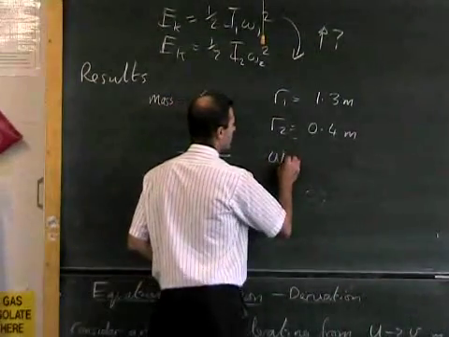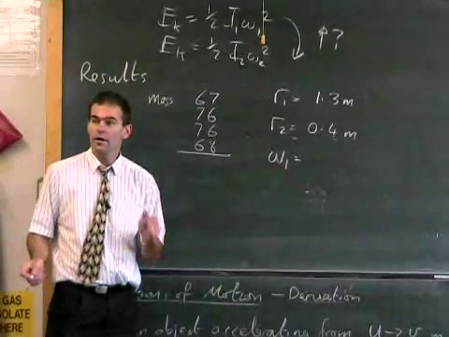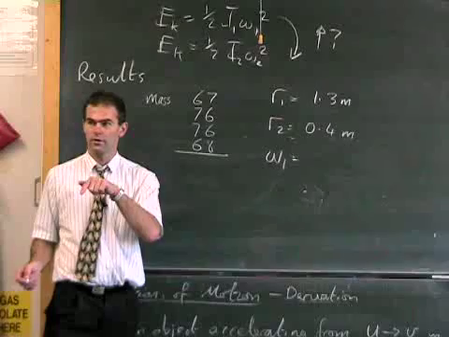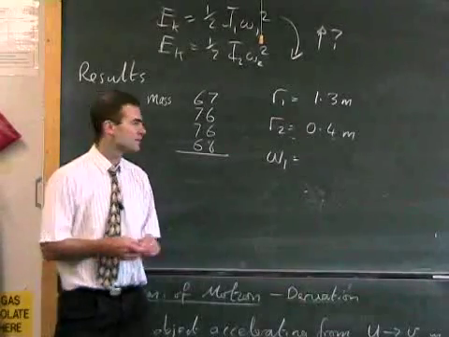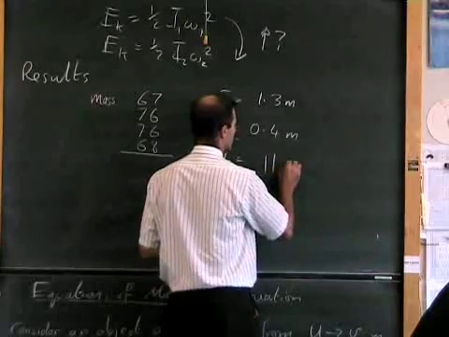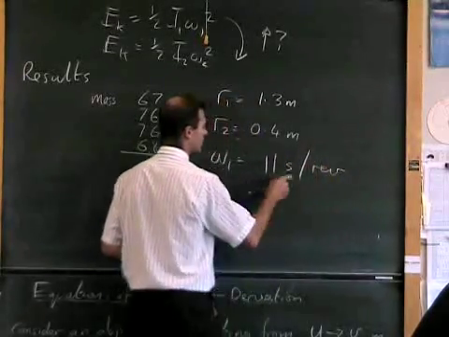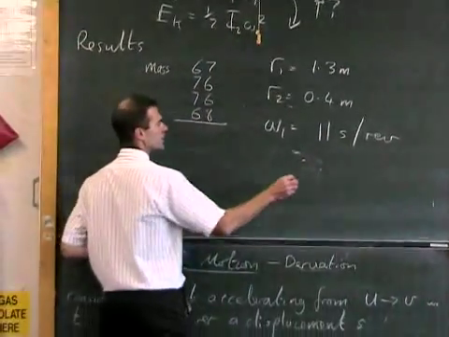Now for omega 1, time for one revolution for when they're strung out? It took 11 seconds for one revolution. So you can work out omega in radians per second from that.